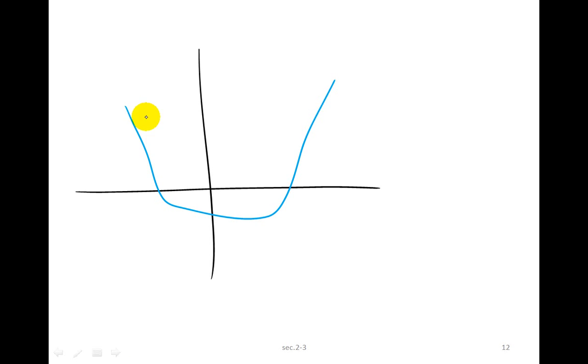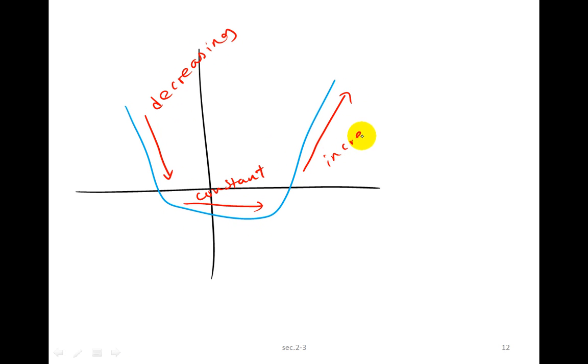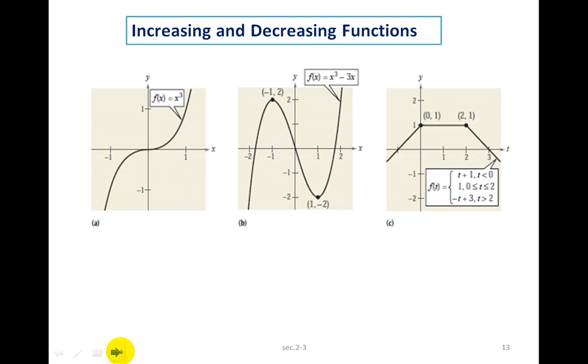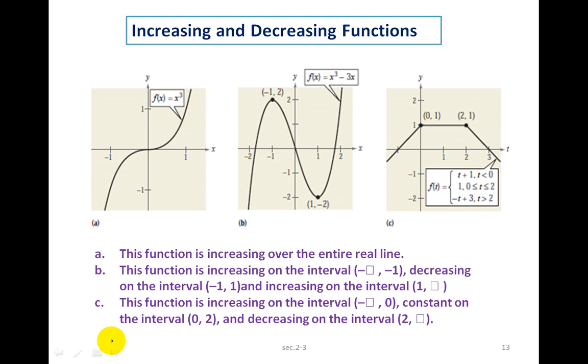So here you can see that the function is going down, so that means it is decreasing, and here, I'm supposed to make it a straight line actually, the function is constant, and on this part the function is increasing. So I think it's very easy to determine where the function is decreasing, constant, or increasing. Yes, this is increasing and decreasing functions.